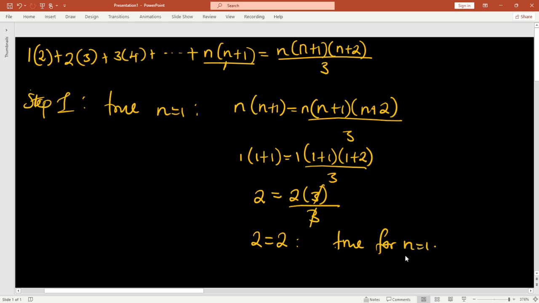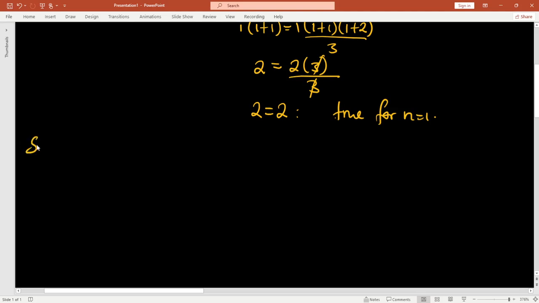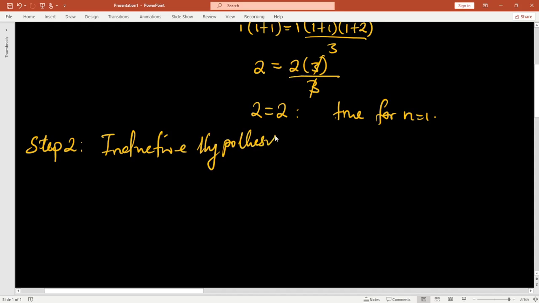Now we go to step number 2, which is the inductive hypothesis. Under the inductive hypothesis, we just assume that the statement that we have is true for n equals k.